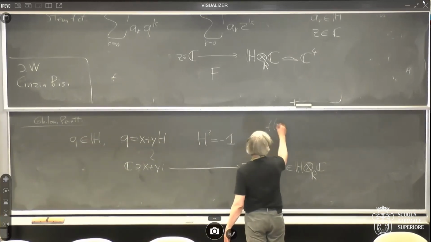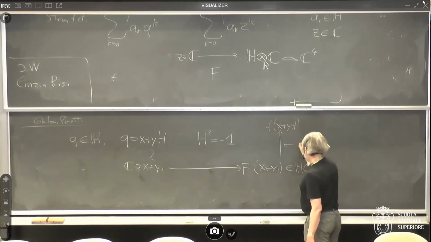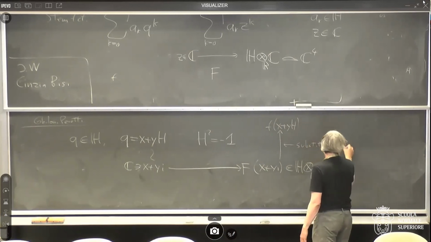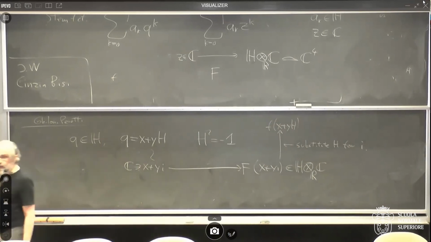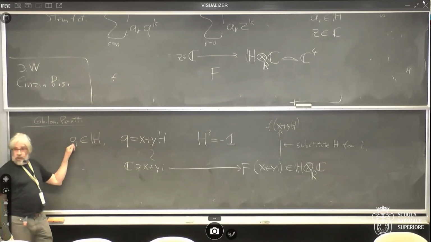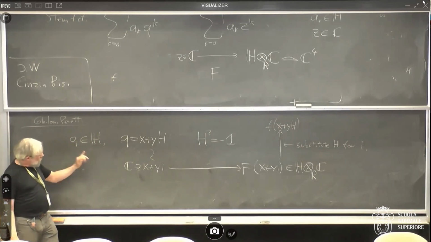And now you get a quaternionic number by simply translating back. So f of x plus y h: here you just substitute h for i. So basically, you identify the relevant subspace of the quaternionic numbers in which the point to be considered is lying.